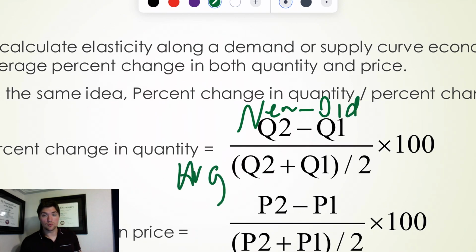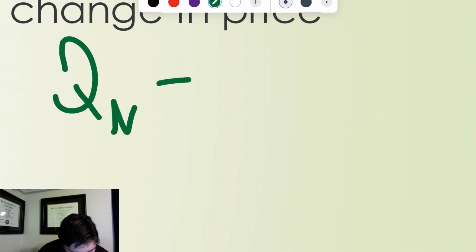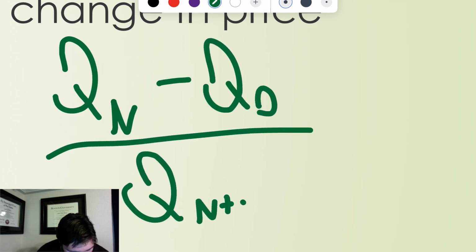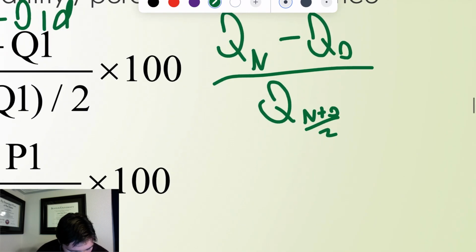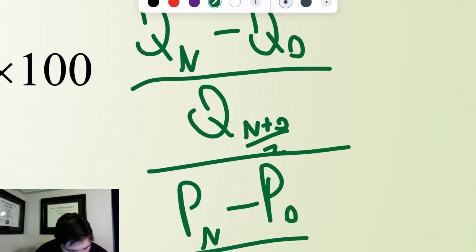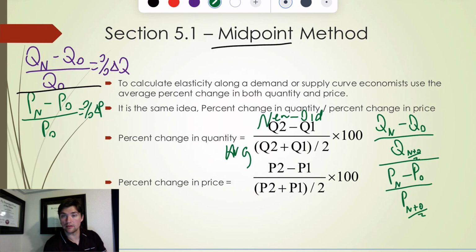When I say average, what we're doing is taking the new plus old divided by 2. So using the midpoint method, you will have new minus old divided by the average, so new plus old divided by 2, and then we'll have new price minus the old price divided by the average price. Okay. So that is the midpoint method.